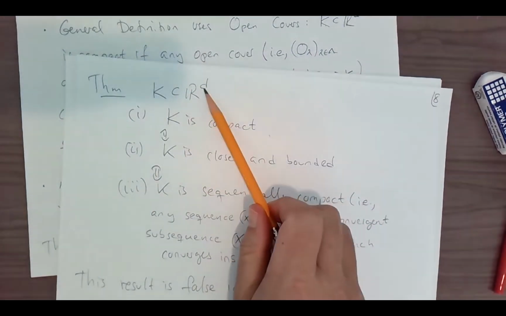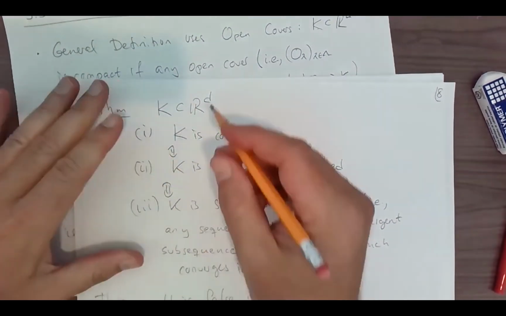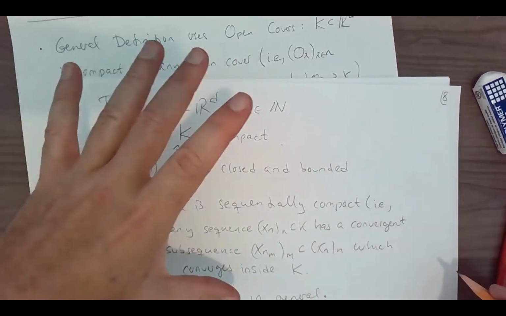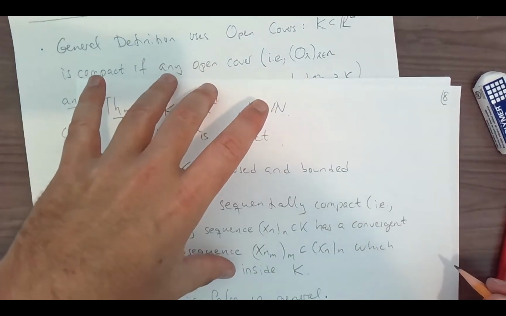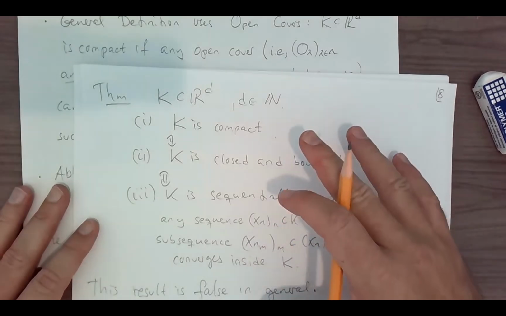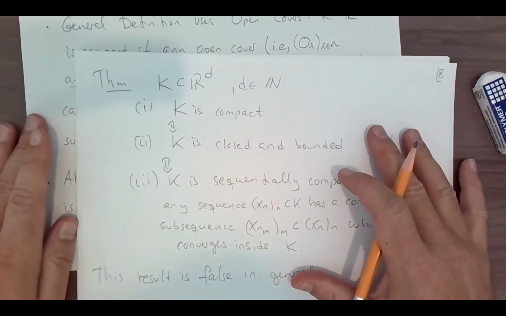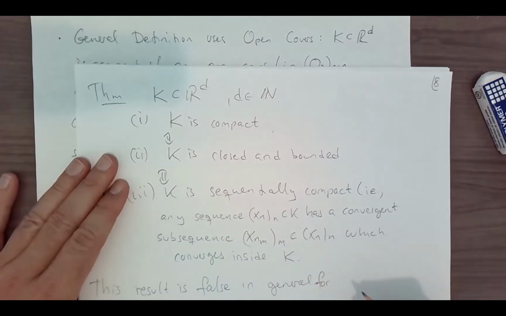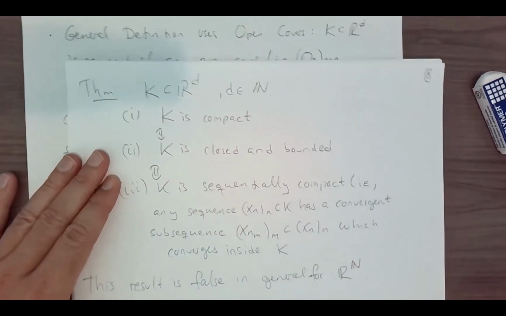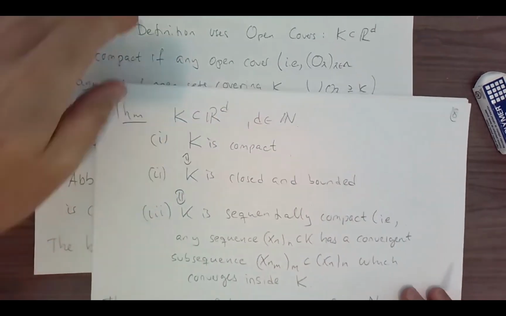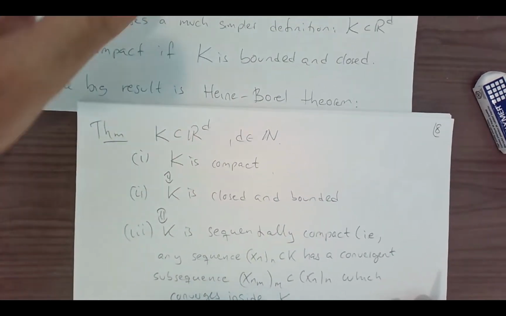This D here is finite, a finite number, so this is a simpler case compared to the general one. And when you have a simpler case, you have more structure. And this is false in general for, say, the space R^N that we have looked at already, just the space of real sequences. Okay, so let's do a few examples, and then next time I'll prove the Heine-Borel theorem.